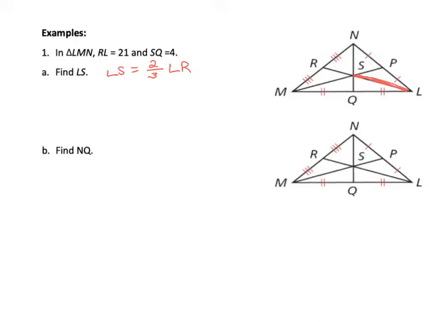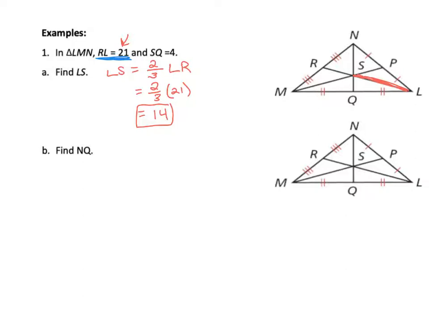Well, if we look up here, I'll underline it blue, we're given RL is 21. So in order to solve for LS, we're just going to plug in 21 for RL. With a little bit of multiplication, we should get 14 is 2/3 of 21. So LS is 14.